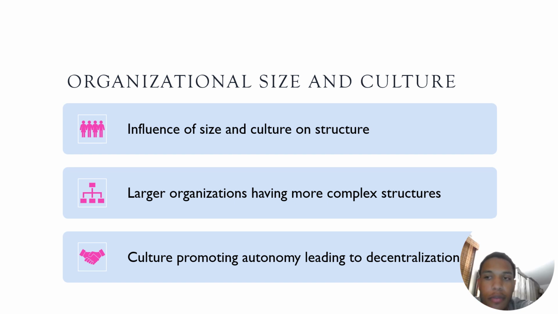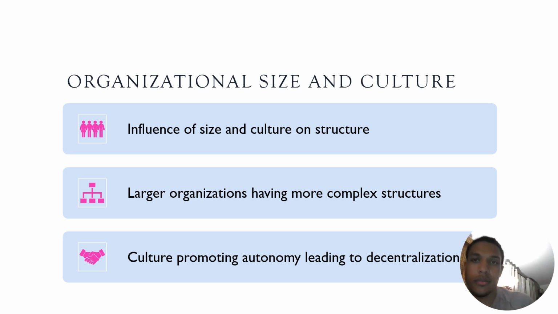For example, a culture that values autonomy and empowerment may lead to a more decentralized structure, because you're having people make their own decisions. Automation is like autonomy: these people are making their own decisions and having to supervise different machines and things of that nature. It leads to things being more decentralized.